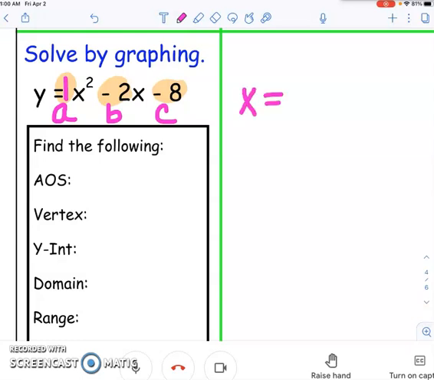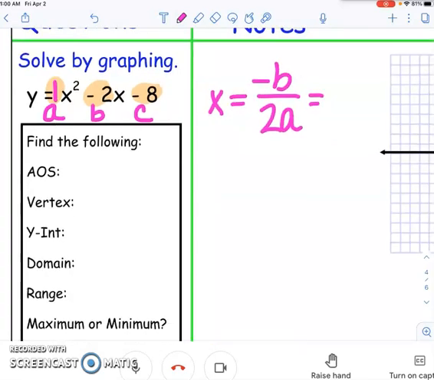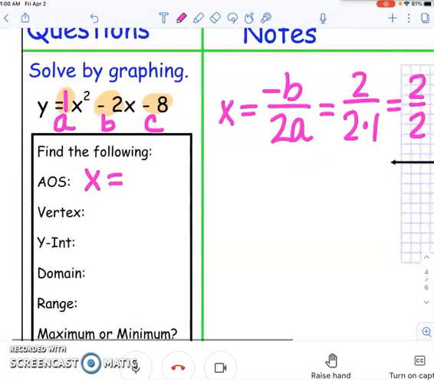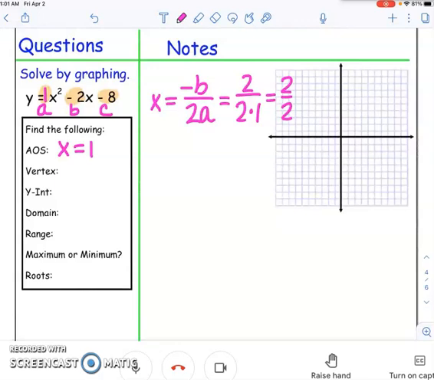The formula for the axis of symmetry is x equals the opposite of B divided by 2 times A. So if B is -2, the opposite would be +2, and then 2 times A, so 2 times 1. So I have 2 divided by 2, so x equals 1. Remember that the axis of symmetry is a line, so you need to write it as an equation of a line.